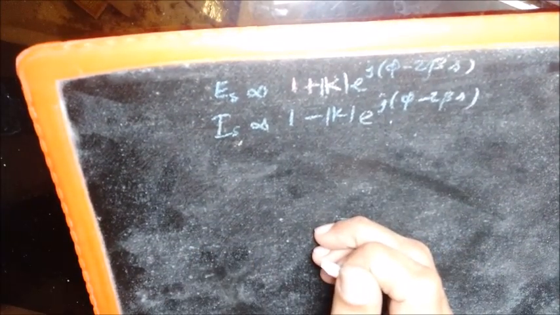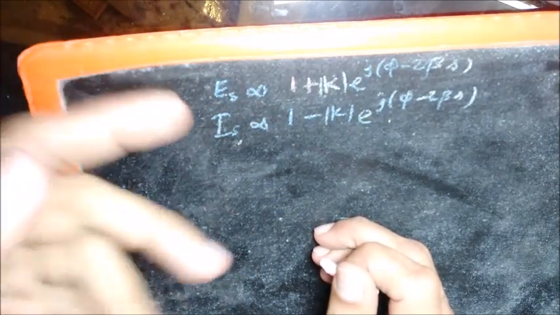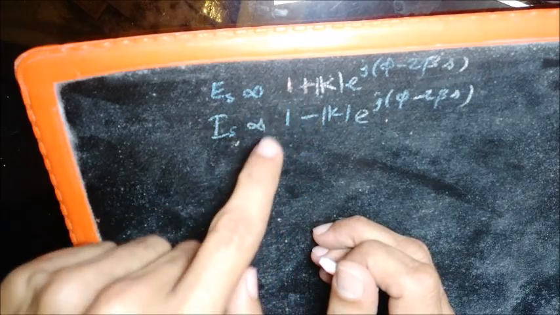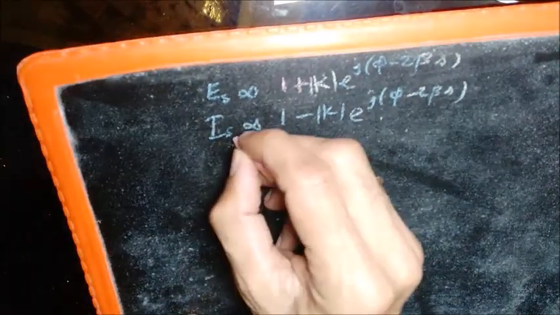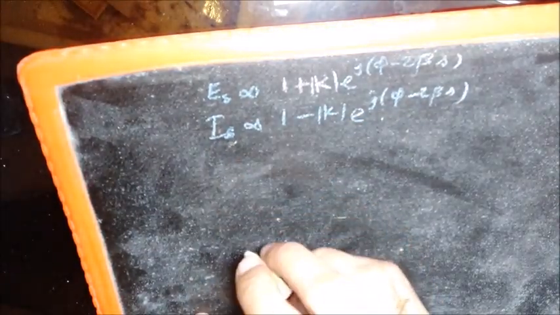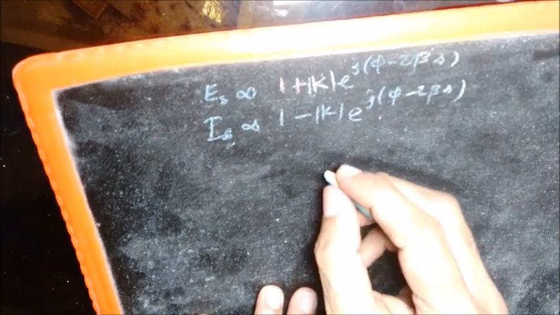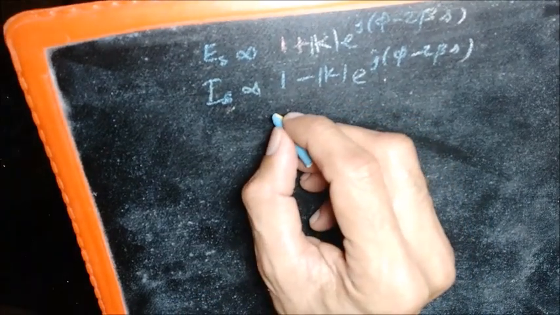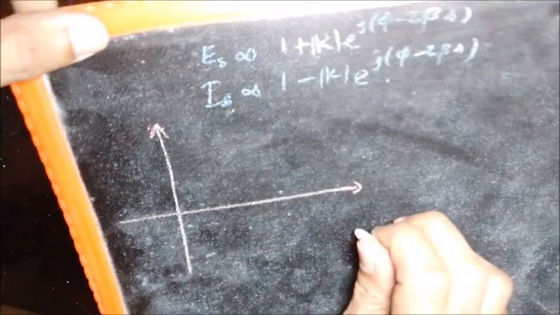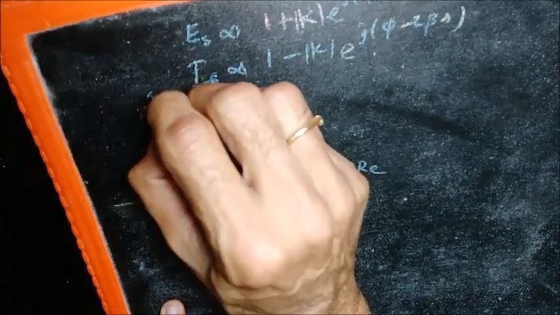As I discussed a short while ago, e raised to j beta s and the phase associated with the other terms along with this expression for ES and IS is left out, because it is going to be the same phase for ES and IS. That contribution is going to be the same for ES and IS. So as we did with the discussion on impedance, the phasor diagram is this.